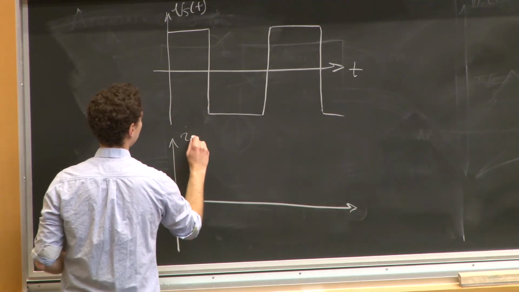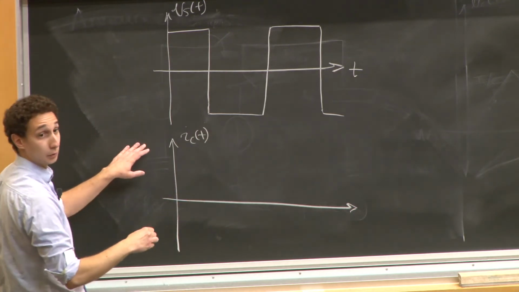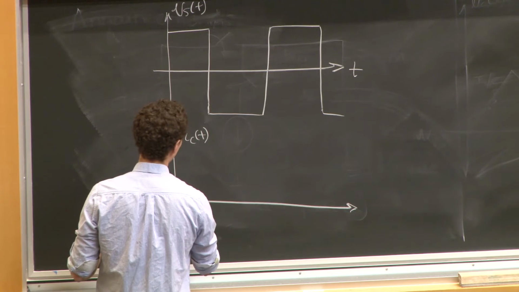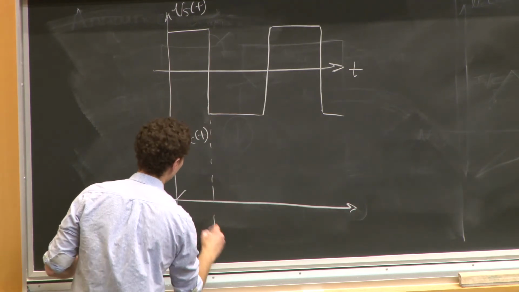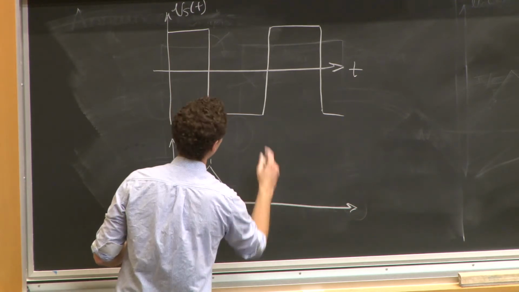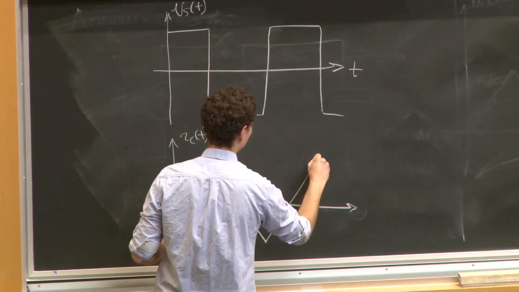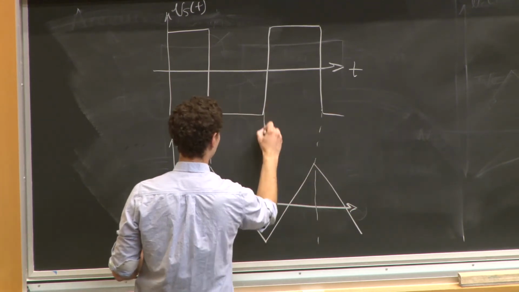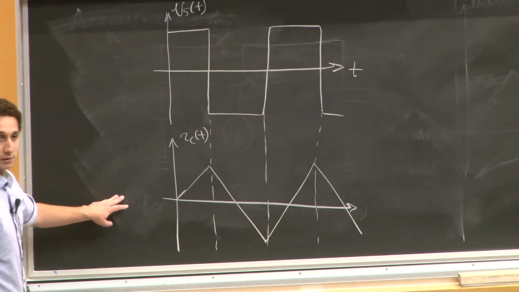Here's the current through the capacitor, the current through the load as a function of time. And it's going to look like this, right? You're going to go up until you reach this point, and you're going to go down, then up again, and then down. Yeah, this aligns. Perfect. You see how that works out?